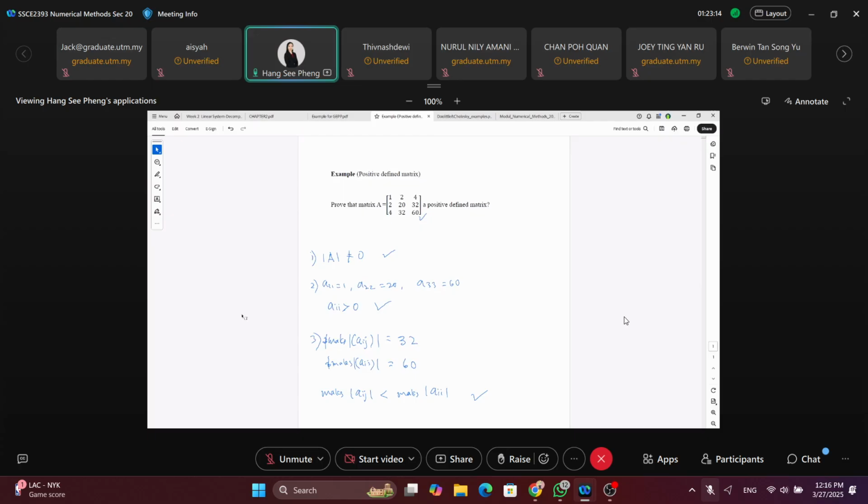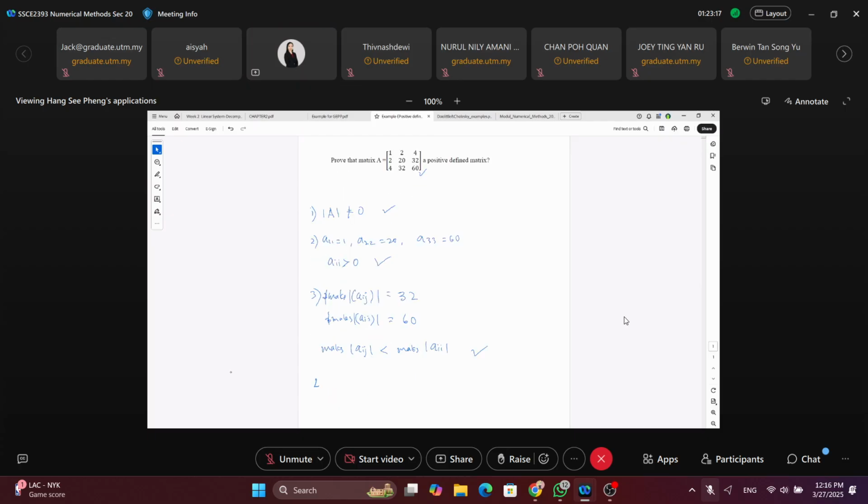And the last one, because this is symmetric, we just test for A12 square, to see whether that is smaller than A11 multiply A22 or not. A12 is 2, squared, and A11 multiply A22 equals 20, so smaller.